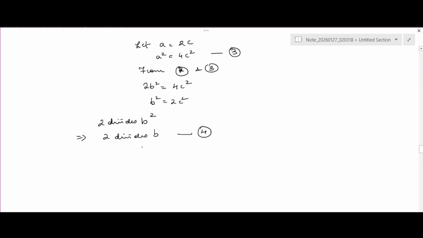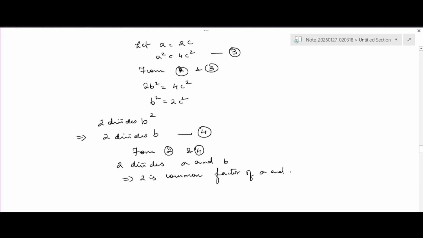So from 2 and 4, 2 divides a and b, which implies 2 is a common factor of a and b.